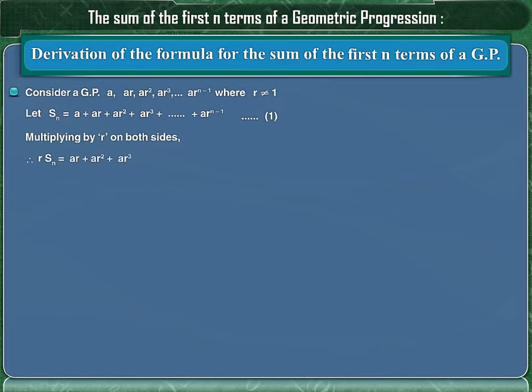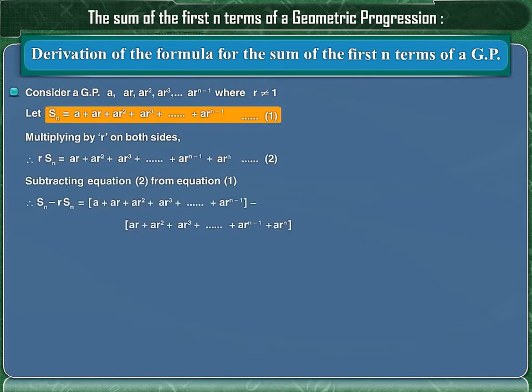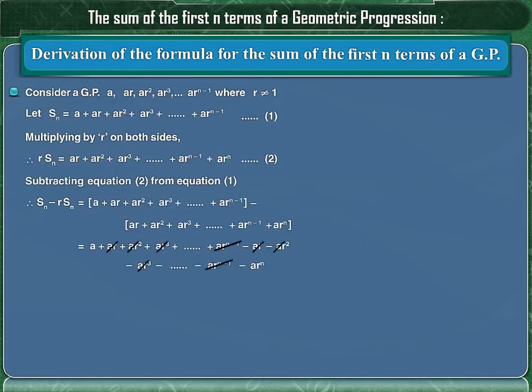We will now subtract r into Sn from Sn. Cancelling the common terms, we get Sn minus r into Sn is a minus ar raised to n. Taking out the common terms, we get Sn into 1 minus r is a into 1 minus r raised to n.